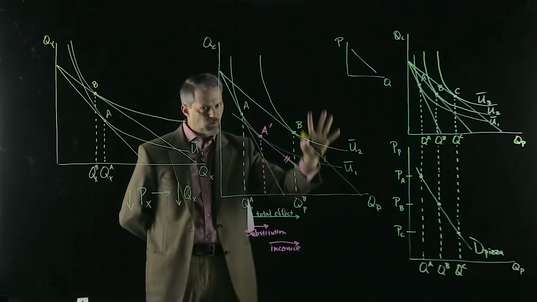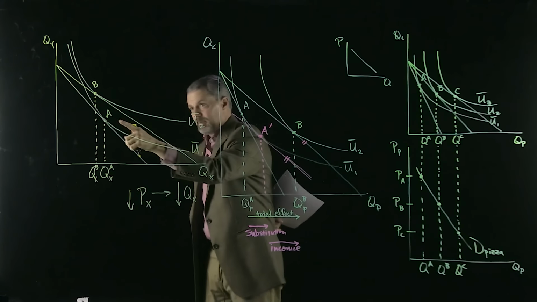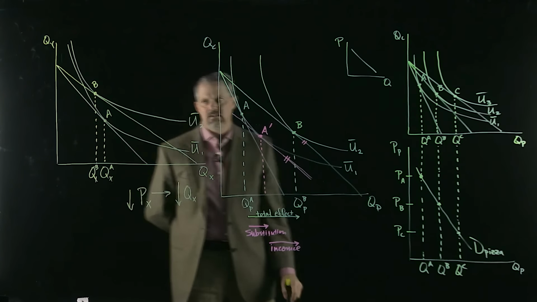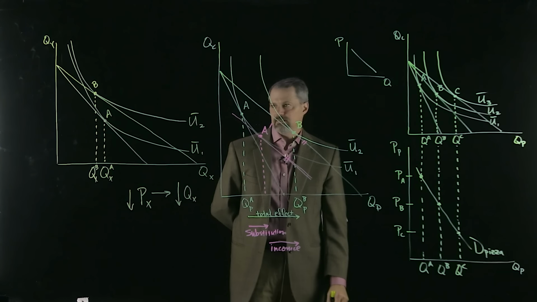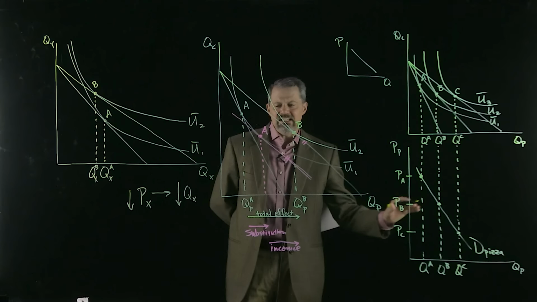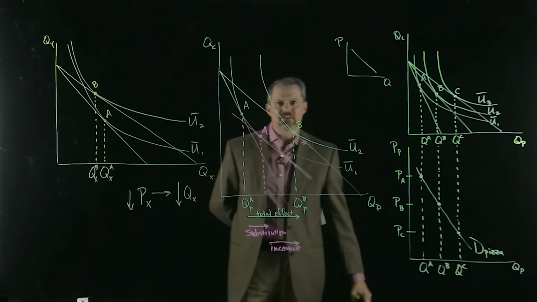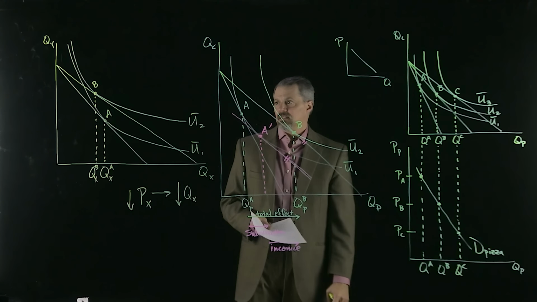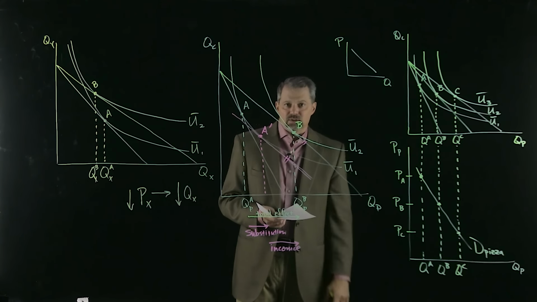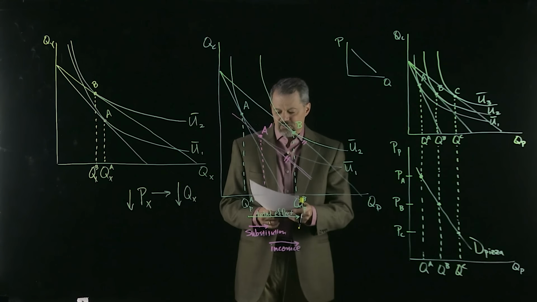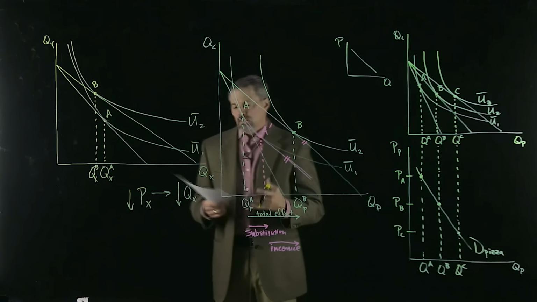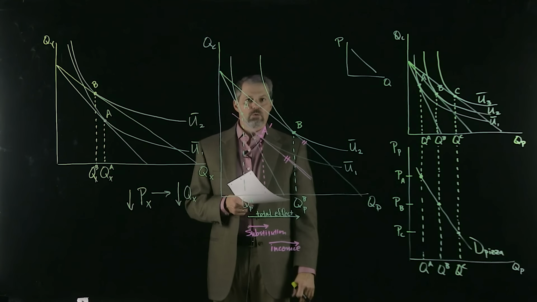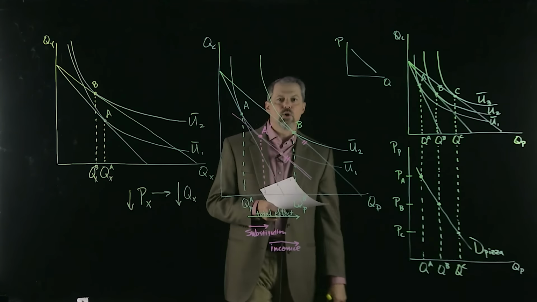This is how things work out there in the real world. But there's no reason I can't draw a picture with B right up there to the left of point A and still not violate anything about this utility maximization model that I'm using. But I've got a Giffen good. I've got an upward sloping demand curve. Now again, I'm just going to say that I do not believe these exist out there in the real world, but I am always prepared to be wrong.